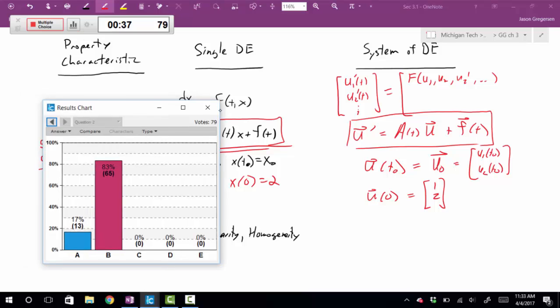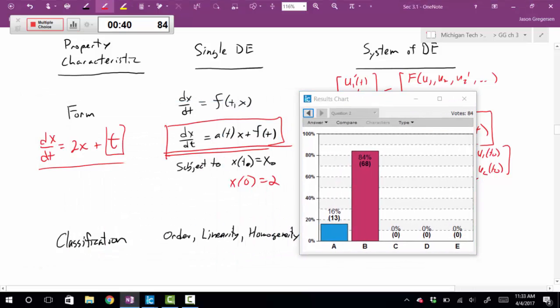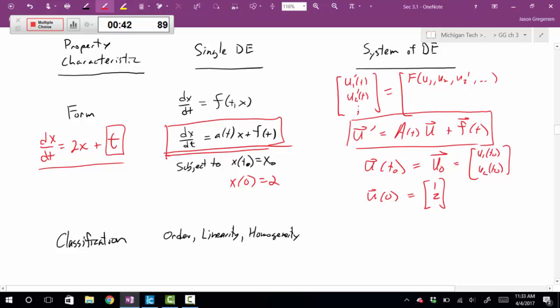All right, that is going to be inhomogeneous, right? We have this extra t piece. Okay. It's going to be the same thing for our systems. It's this guy. If that is a vector of all zeros, in other words, if it's basically not there, now we have a homogeneous system. If there's some non-zero vector f of t, we have an inhomogeneous system.